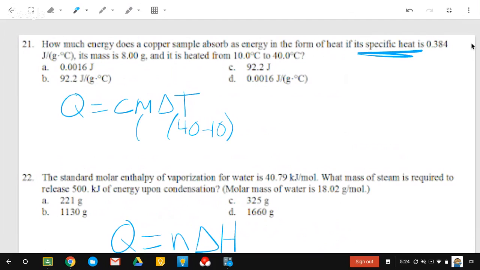We got a mass of 8. We got a specific heat of 0.384. And you just solve for Q. And that's it. So you multiply the three numbers, just 0.384 times 8 times 30. That'll give you your answer. So these are easy problems. I didn't do any tricky conversions with these problems when I put them on the test or the final. They're all straightforward.